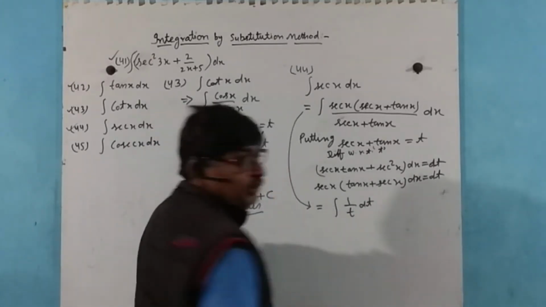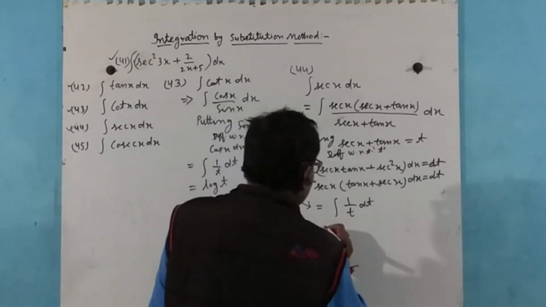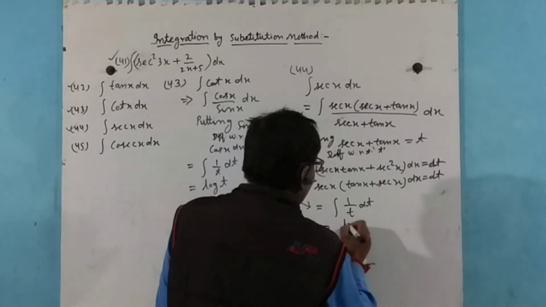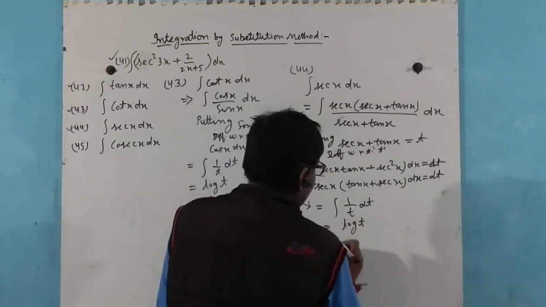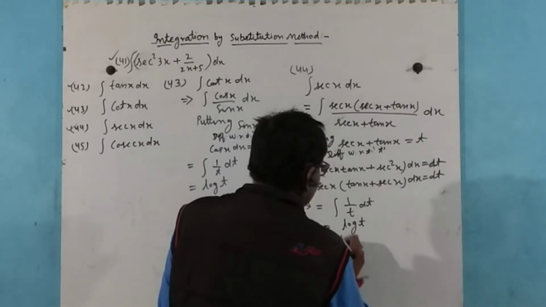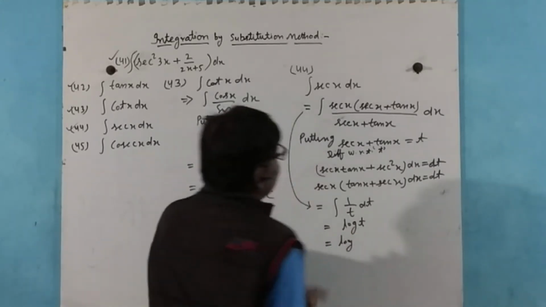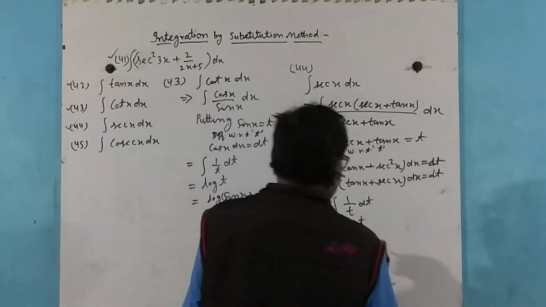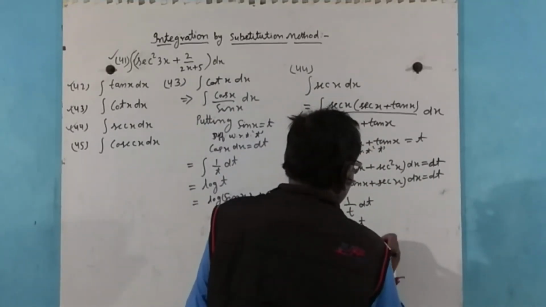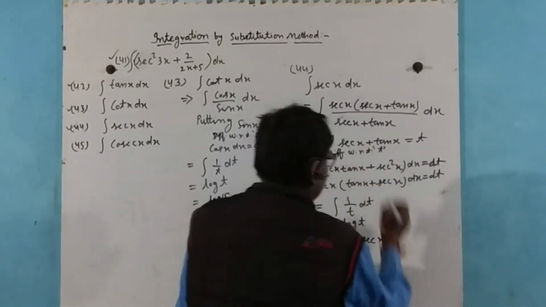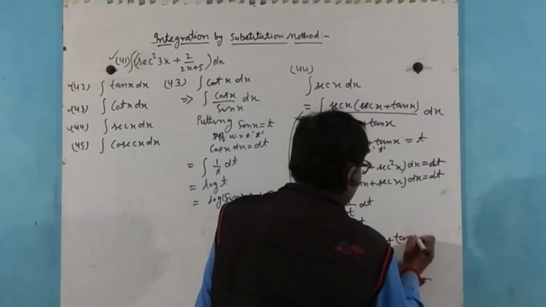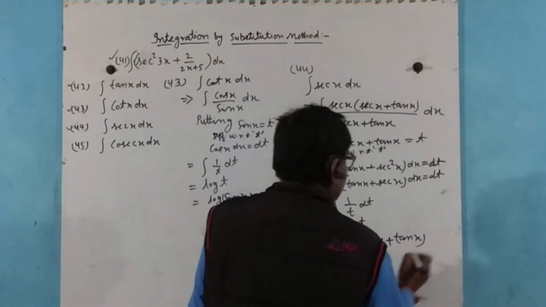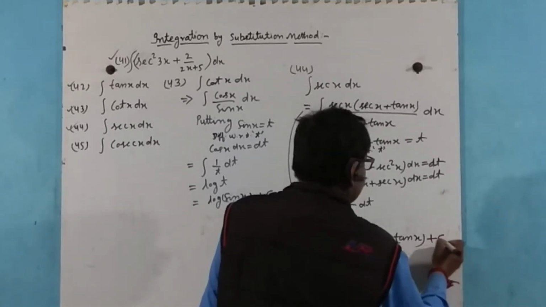Now integration of 1 by t is log t, and putting the value of t, log of sec x plus tan x and integrating constant c.